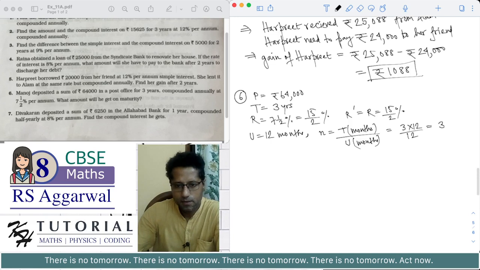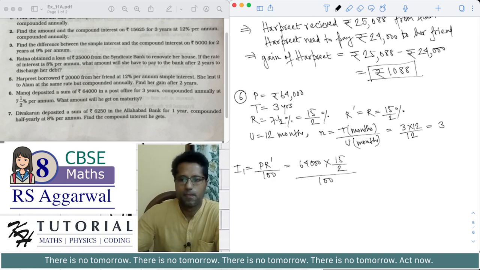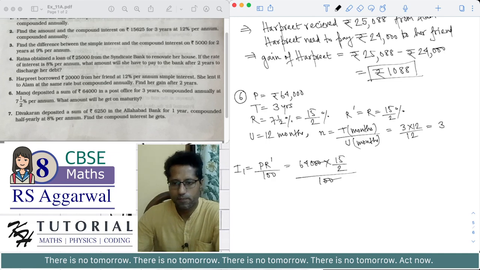So directly we know that I1 will be equal to P R dash by 100. P is the original principal, which is 64,000. R dash is R, which is 15 by 2, divided by 100. 0, 0 cancels out, and 2 divides 320.